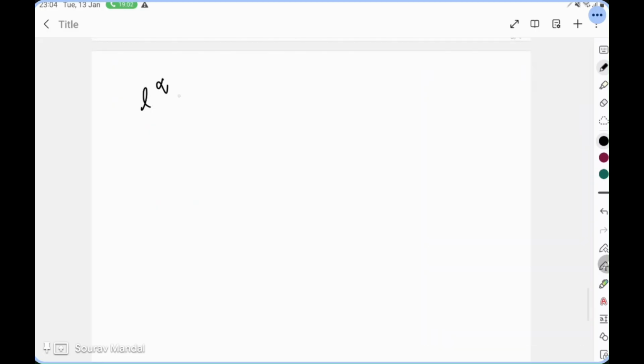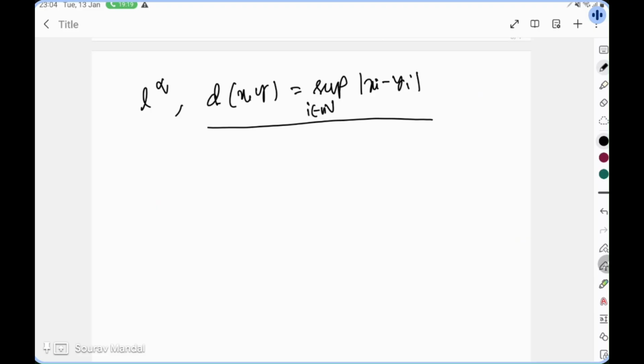Okay, so now the question is whether L infinity, with the metric d(x,y) equal to the supremum of |xi - yi|, is a separable metric space or not.